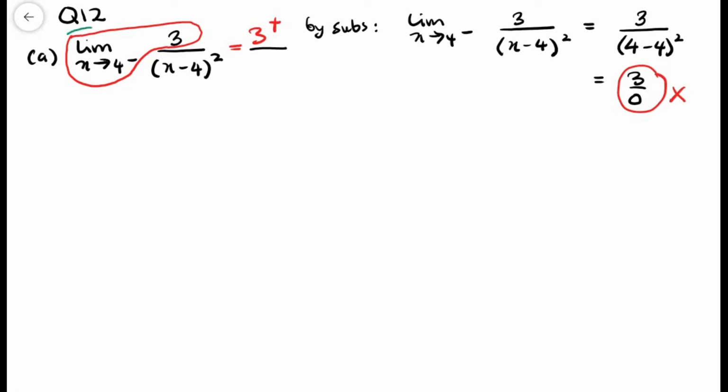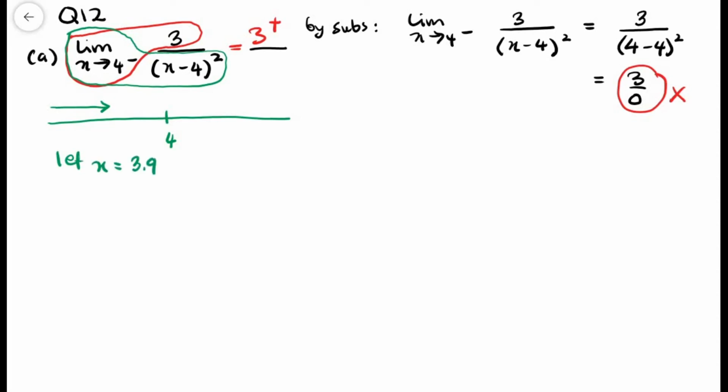Okay, and then how about the bottom one? The same goes. We read the limit as x approaches 4 from the left of the function (x minus 4) the whole thing squared. Then what you should do is look at the number line for 4, and look from the left. Just pick any number from the left of 4. Let's say I pick x equal to 3.9.